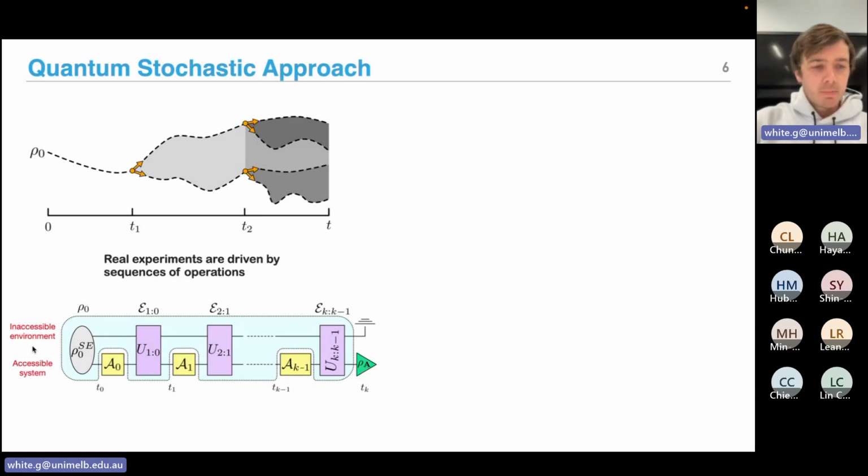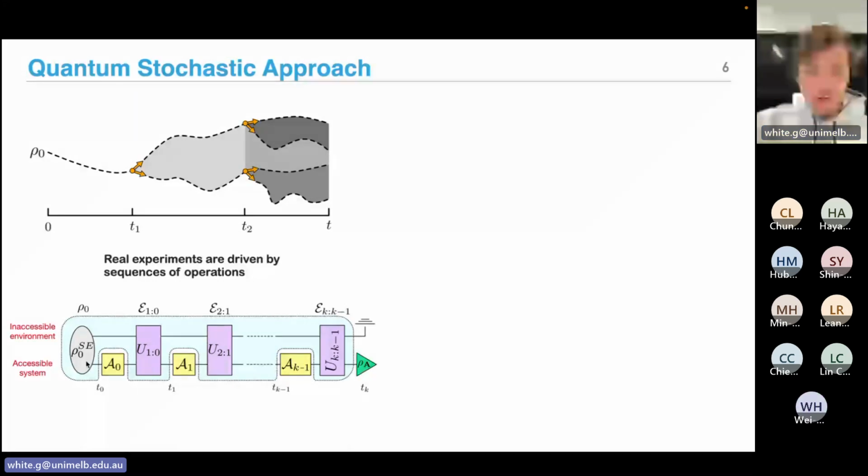But the general picture that we're dealing with here is what's depicted down here, which is that you have a system and it's subject to some uncontrollable system environment dynamics. So you have different unitary interactions between the system and the environment, which could be arbitrarily strong. And simultaneously, the experimenter is driving the system with operations, A0, A1, up to AK.